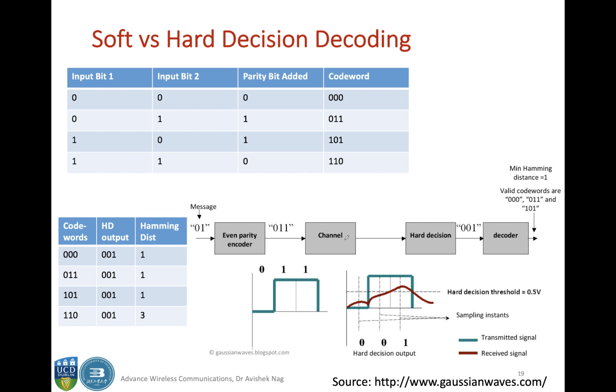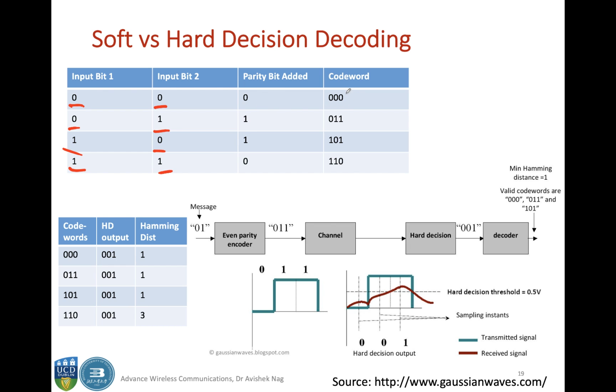Okay, so let's see what soft decision decoding is. Let's compare soft versus hard decision decoding. Let's say your messages are 2 bits. So you have input bit 1 and input bit 2, these are the 2 bits of your message, and you are adding a parity bit.